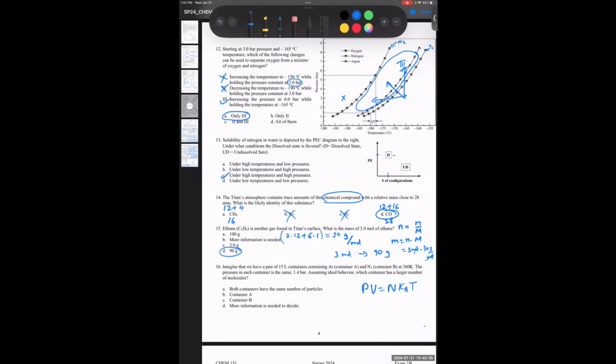So this is container A, container B. They have the same pressure, volume, and kBT. So because they all are the same, they should both have the same number of particles, or same number of molecules, if you want to say. So therefore, both containers have the same number of particles, should be the correct answer.